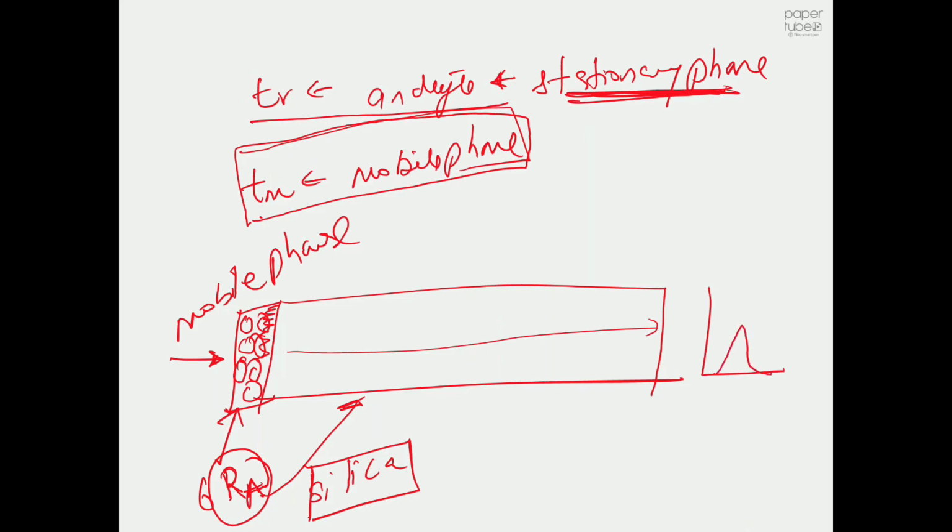Again, whatever the mean concentration in this Gaussian distribution curve, the corresponding time will be nothing but your Tm, the time spent by the analyte in the mobile phase. So what it says is, we have some analyte that will not interact with your solid particles.